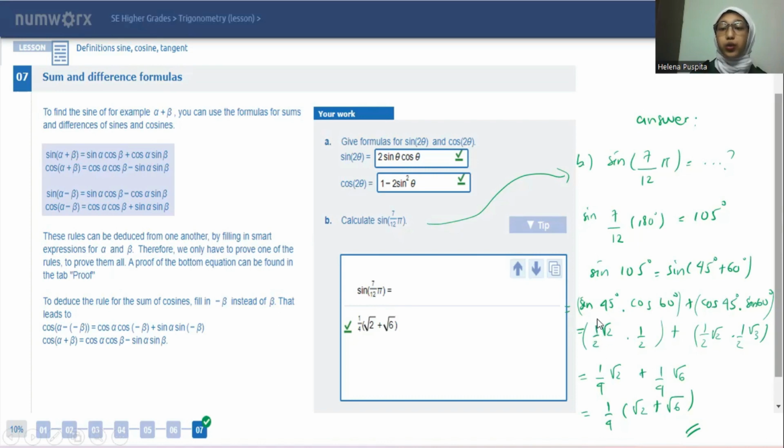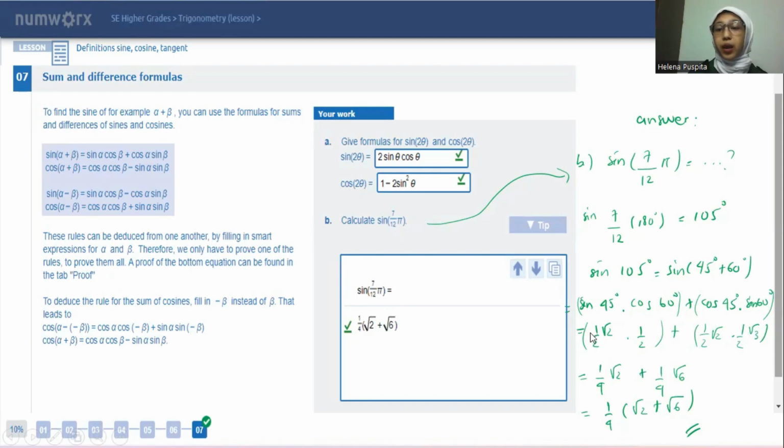cos 60 is 1 over 2, cos 45 degrees is 1 over 2 square root 2, and sine 60 degrees is 1 over 2 square root 3.